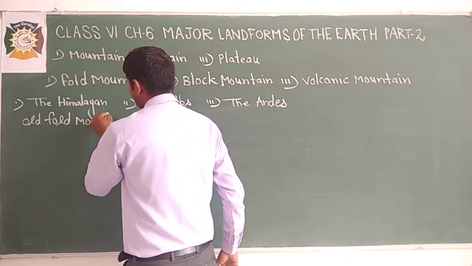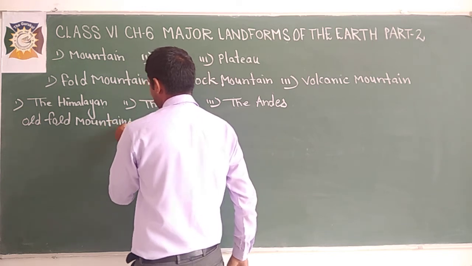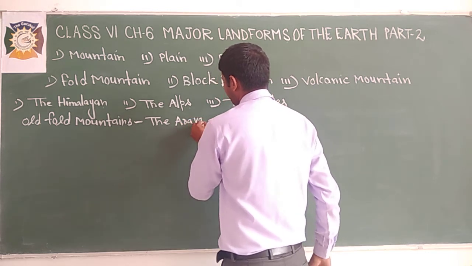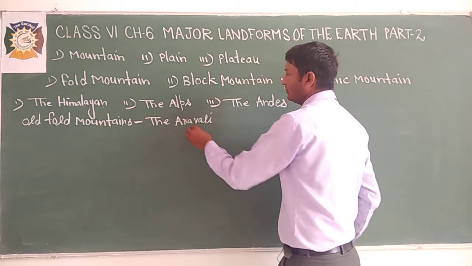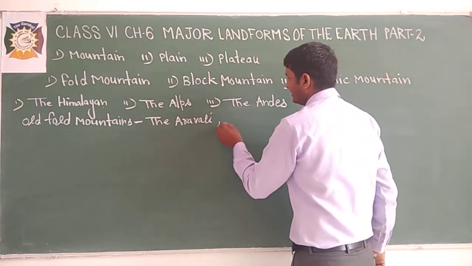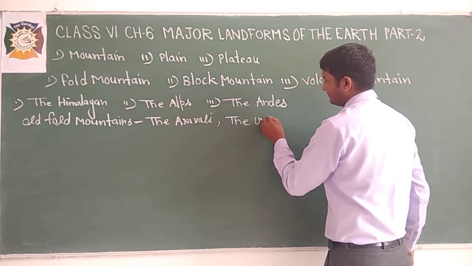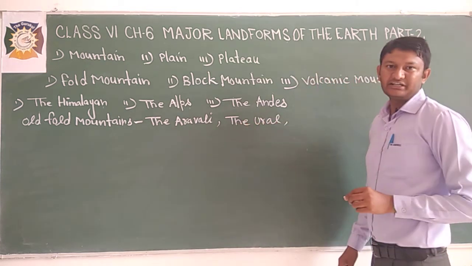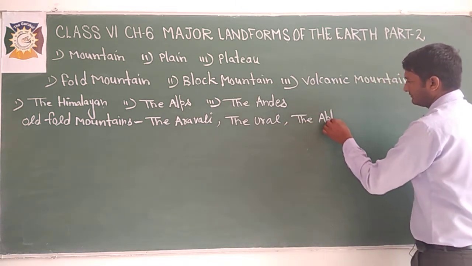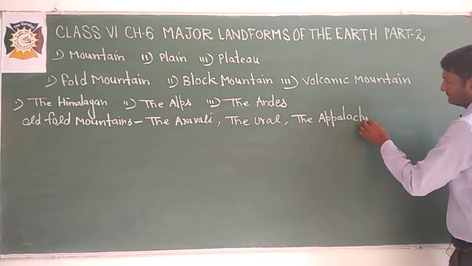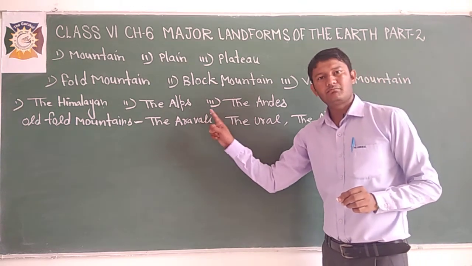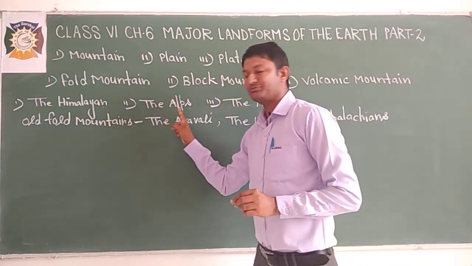Old fold mountain ranges are, as I just told you, the Aravalli. My dear students, the Aravalli range is one of the oldest fold ranges in the whole world, and the second is the Ural, and one more is known as the Appalachians. These are the examples of old fold mountains, and the Himalayas and the Alps are the examples of young fold mountains.